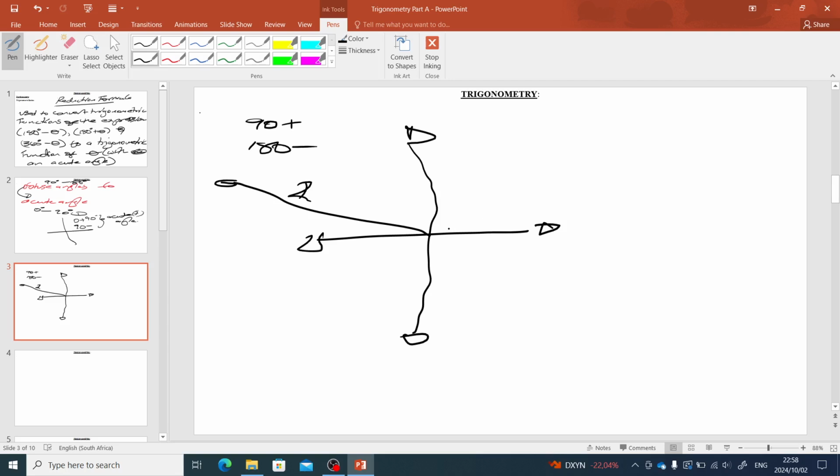Now, on the second quad, let's say we are having our resultant somewhere there. This is our resultant. Right. We said that on the second quad, it will be 90 plus or 180 minus. Now, check this. We are having on the second quad the angle from 0 to 180. The angle is 180 degrees minus, because that's what we said here.